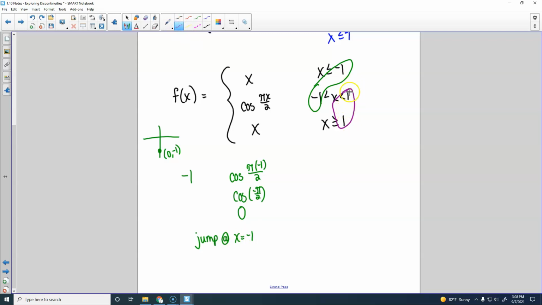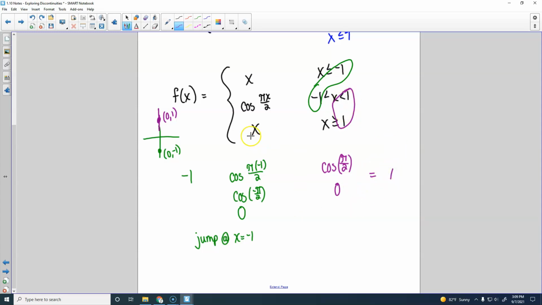We also want to test what happens at 1. So at 1, we would do cosine of pi times 1 over 2. So we're just doing cosine of pi over 2. Pi over 2 is right here on our unit circle. That's (0, 1). It is a value of 0. Does that equal 1?